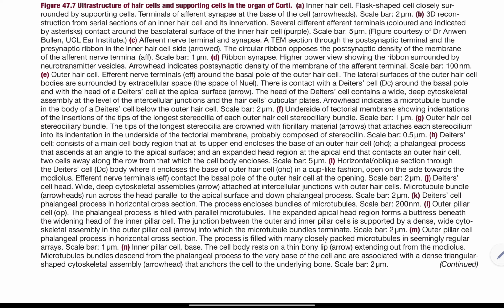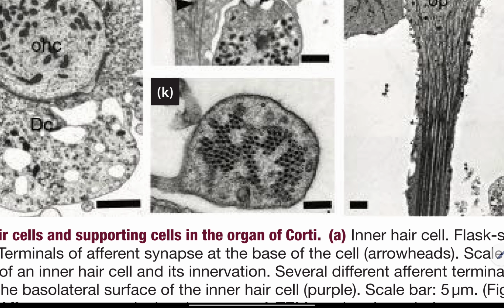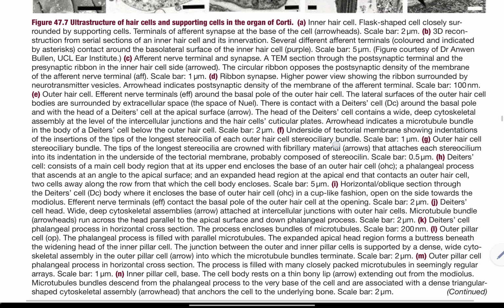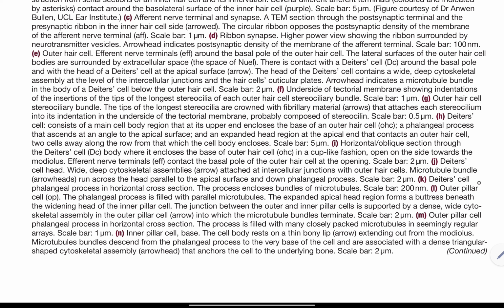Scale bar 2 millimeter. Figure K. Deiters cell phalangeal process in horizontal cross section. The process encloses bundles of microtubules. Scale bar 200 nanometer.